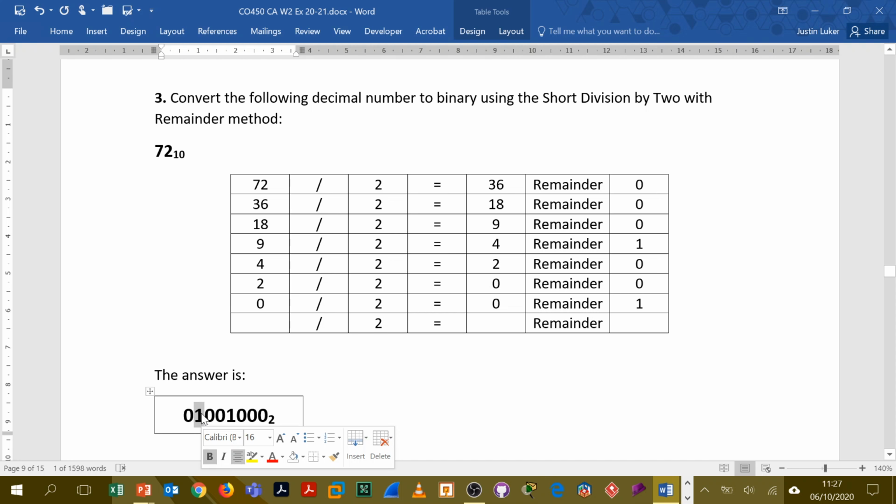Now 2 to the 6 is 64. And this bit, if we count along, we would have 2 to the 0, 2 to the 1, 2 to the 2, 2 to the 3. So that's actually 8. So 8 and 64 is indeed 72. So you could check.